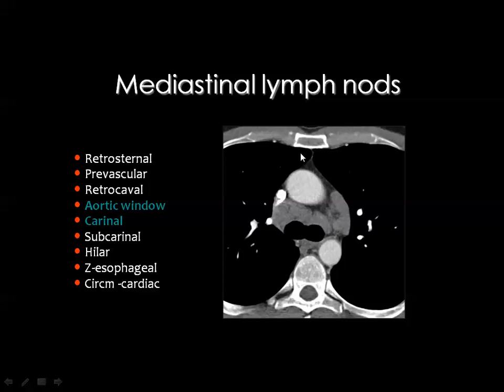They are also known as the internal mammary group of lymph nodes, the prevascular area, which are located along the anterior aspect of the arch of the aorta, the retrocaval area, which are located posterior to the superior vena cava, and the aortic window group.